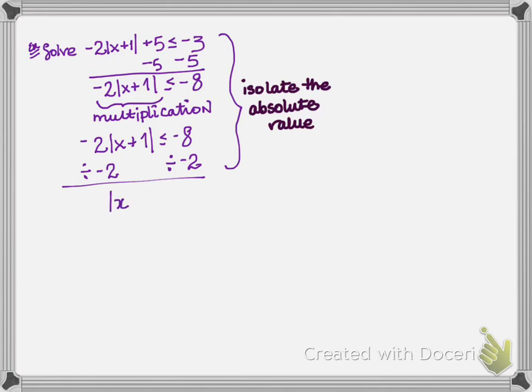And we get the absolute value of x plus 1, and then we divide it by a negative. And a lot of people forgot what that does. When you divide by, or multiply by, a negative in an inequality, you flip the symbol.